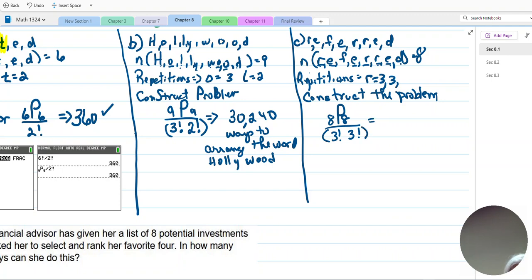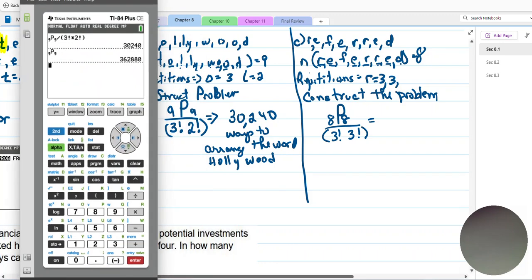All right. So we're going to get our calculator out. And I'm going to place that in there. 8, math, PRB. And we're going to do number 2 and do 8. We're going to hit divide. We're going to open parentheses.